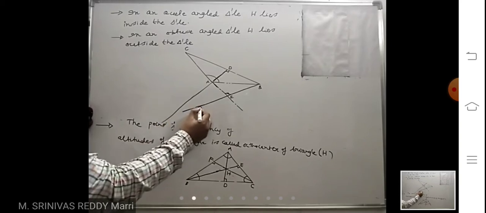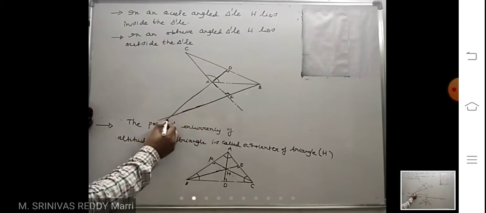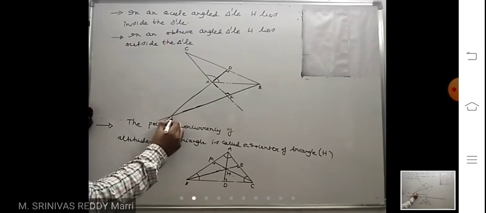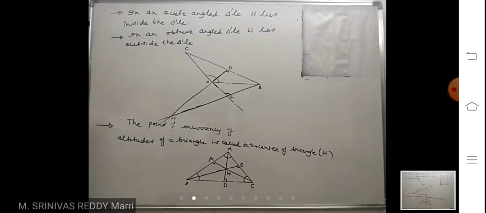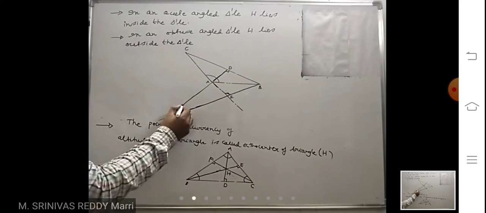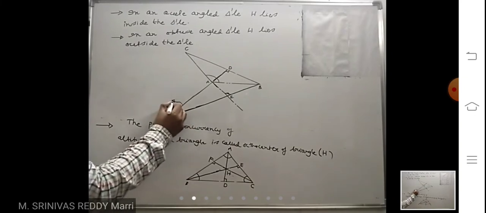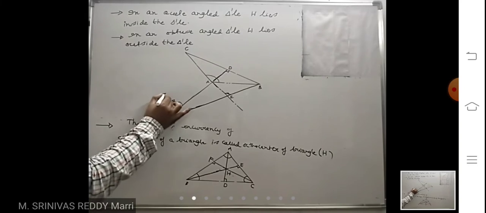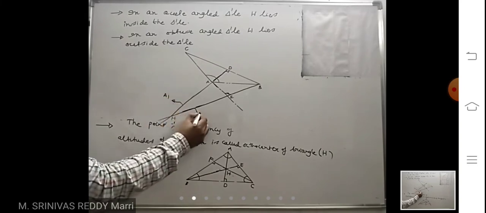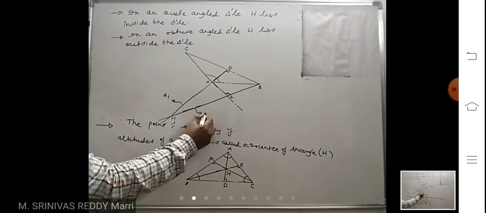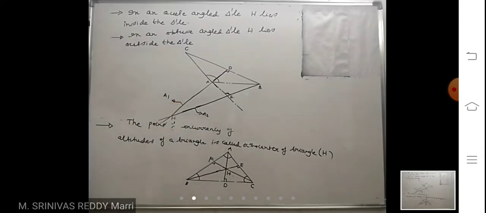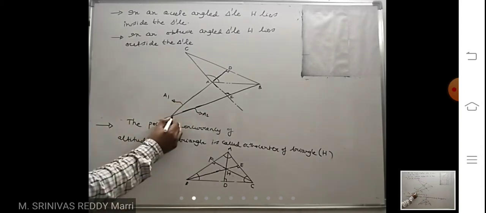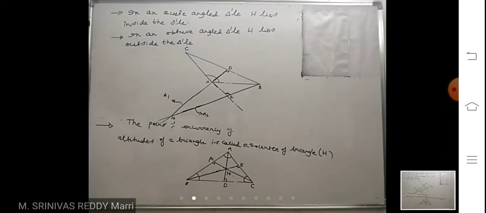They will meet at a point that is called H. This one is altitude 1. This line is another altitude. Both are altitudes only. Their intersection point is nothing but the orthocenter.